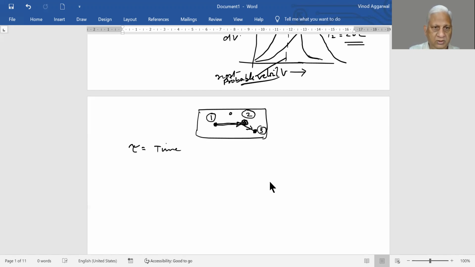So we define tau as a time between two successive collisions.